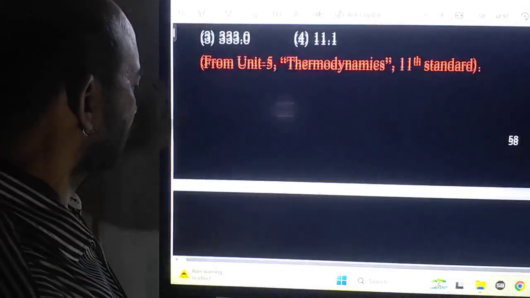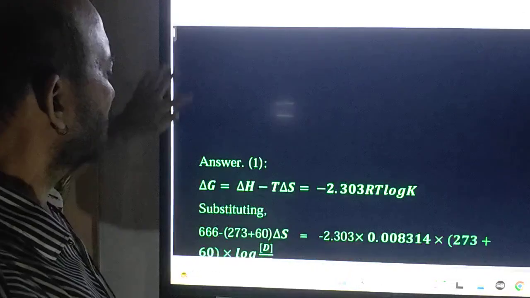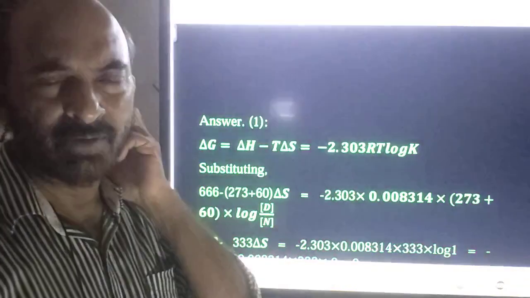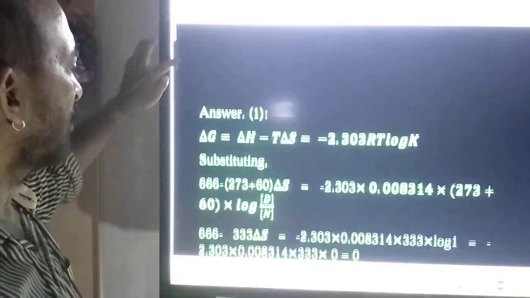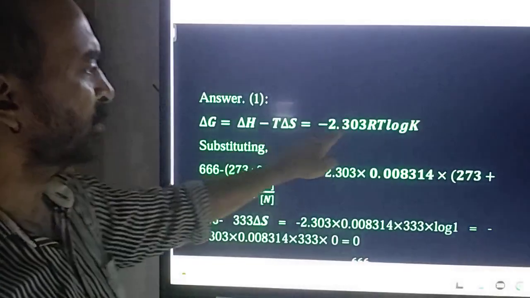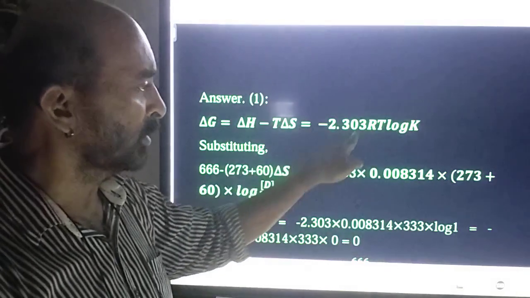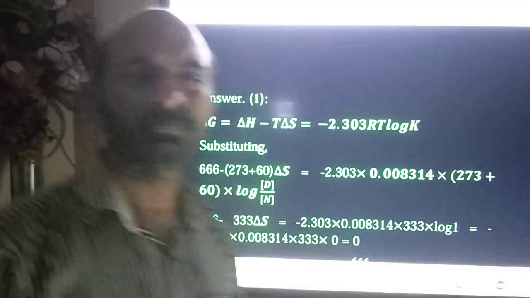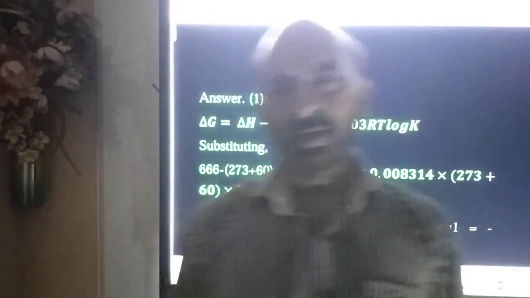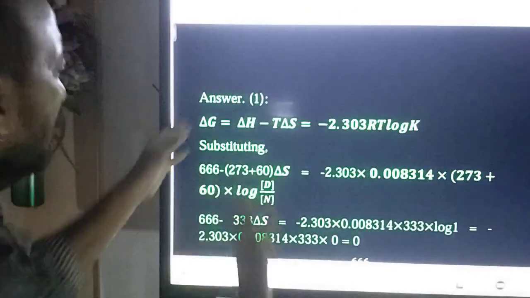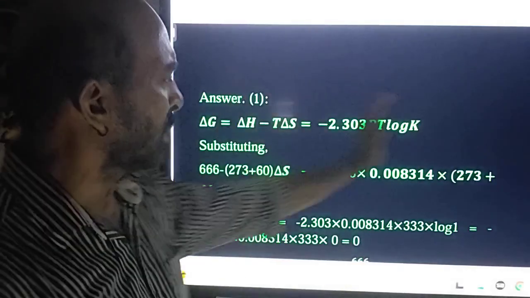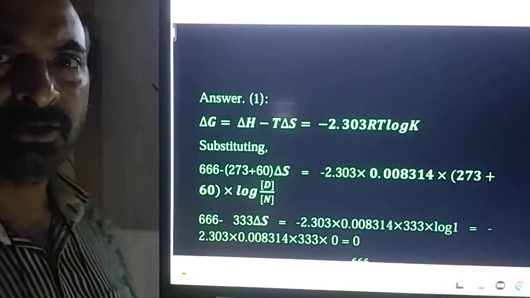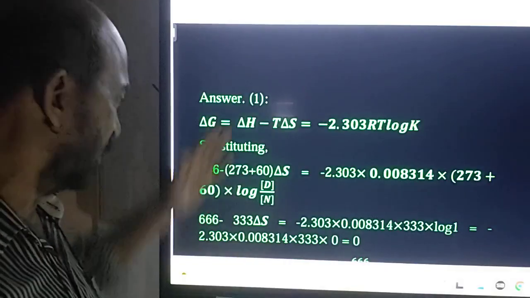Look here. We have studied delta G is equal to delta H minus T delta S, haven't we? Yes. We have also studied delta G is equal to minus 2.303 RT log K. That also we have studied, isn't it? Then you can avoid delta G and combine the two.